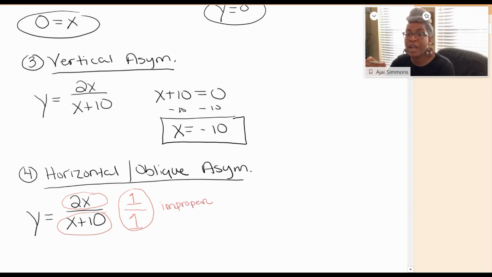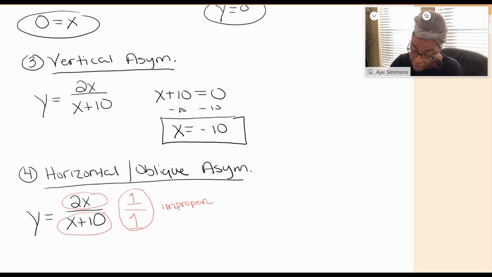It's an improper fraction, but just a shortcut here, if the numbers are the same on the top and bottom, the way that you find the asymptote is just take the coefficients in front of each one of the numerator and the denominator.